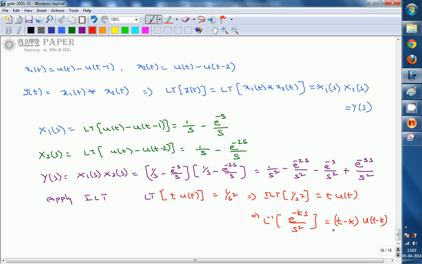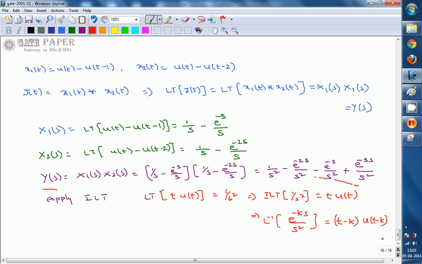Using this we will write the inverse Laplace transform for y of s, for this expression.